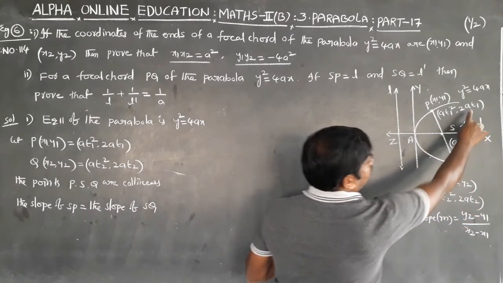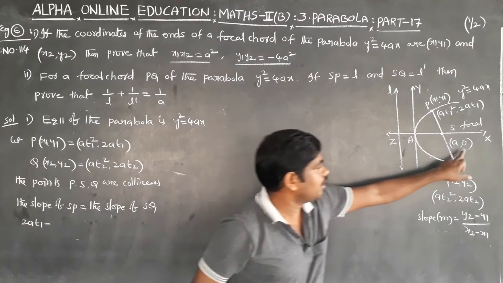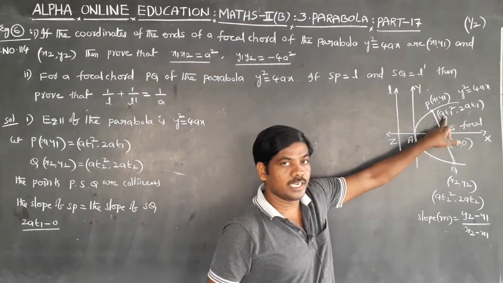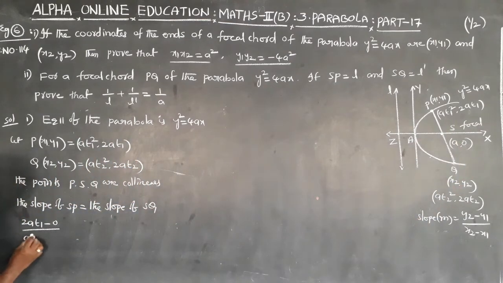Here, y2 is 2at1, minus y1 which is 0, whole divided by x2 which is at1², minus x1 which is a. This is the slope of SP.